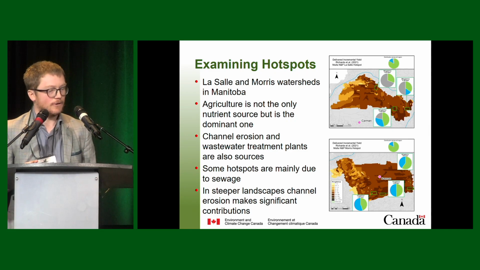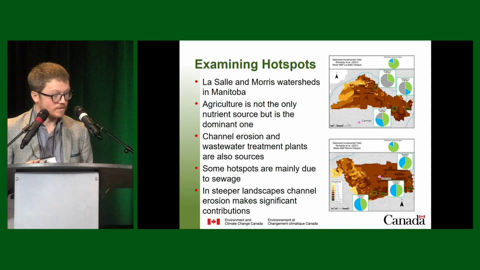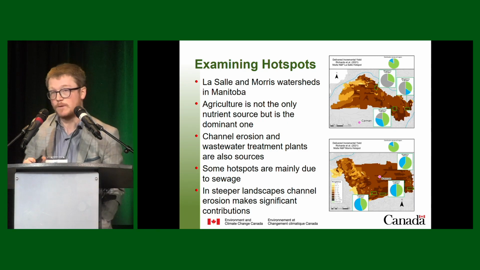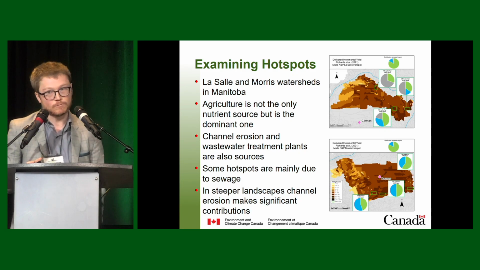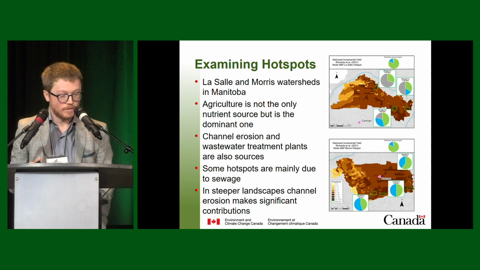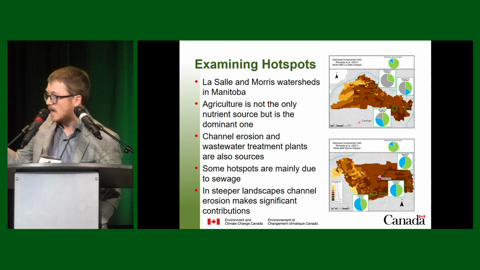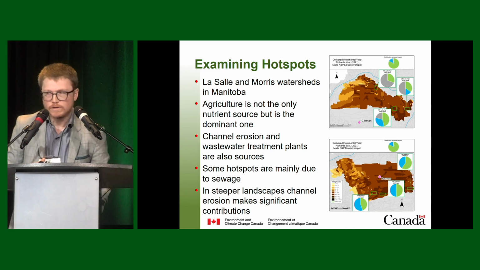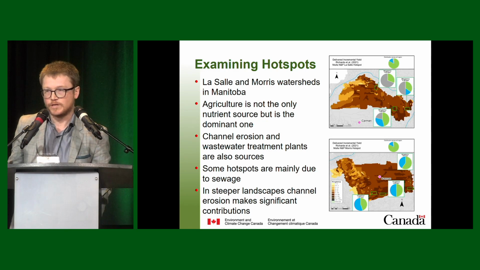A couple of characteristics about these watersheds: the LaSalle watershed on the top has relatively level topography, and it's also an area with fairly significant rural population settlement. On the bottom, the Morris watershed has more undulating, higher relief topography.